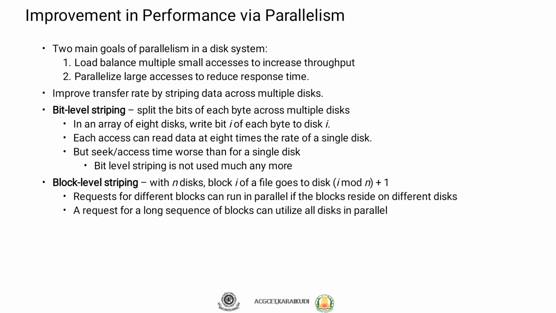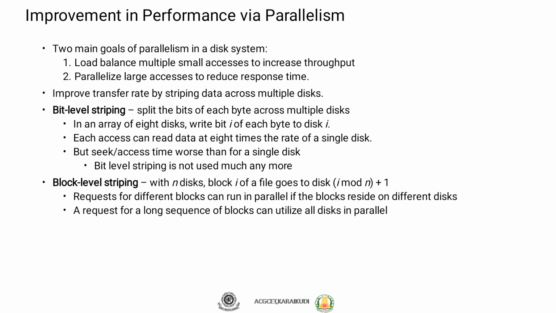With multiple disks, we can improve the transfer rate as well by striping the data across multiple disks. Data striping consists of splitting the bits of each byte across multiple disks. Such striping is called bit level striping.